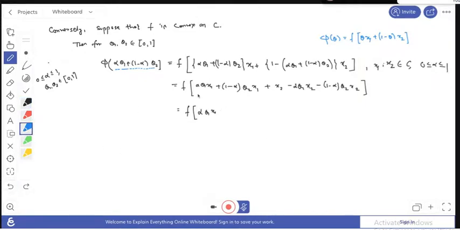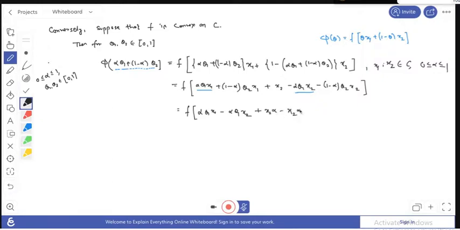First of all, we take this theta 1 x1 term here and theta 1 x2 term here. If we combine these two terms, this becomes theta 1 x1 minus theta 1 x2. And we are adding some terms, x2 alpha and minus x2 alpha.